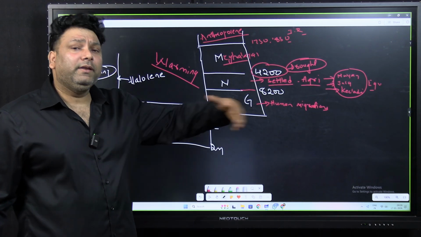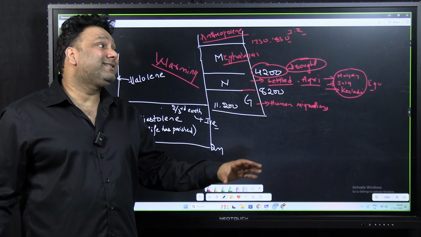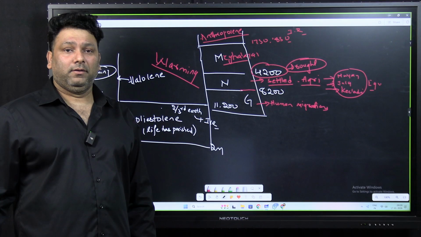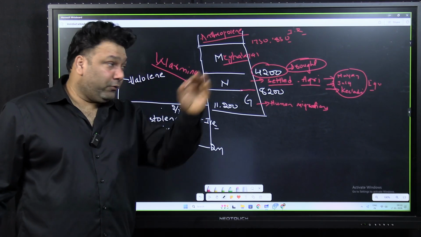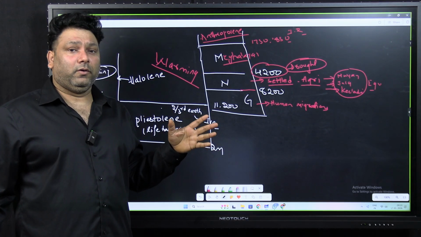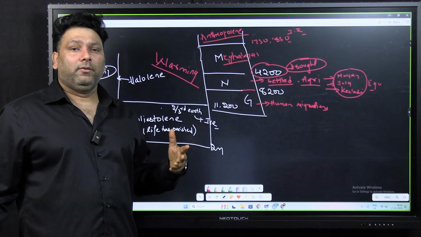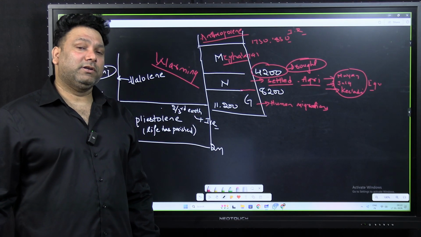The humans started ruling the earth, and humans have sculpted and changed the earth. Now, in the mains, they can ask questions. Do you agree that a new time period called Anthropocene should be added to the existing geological time scale?